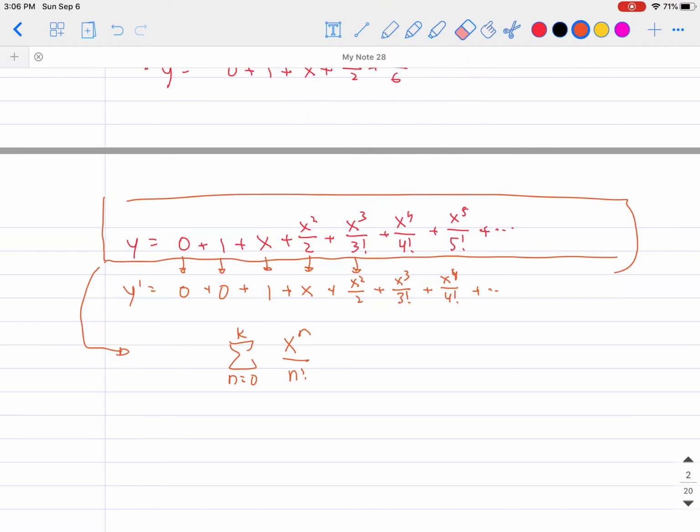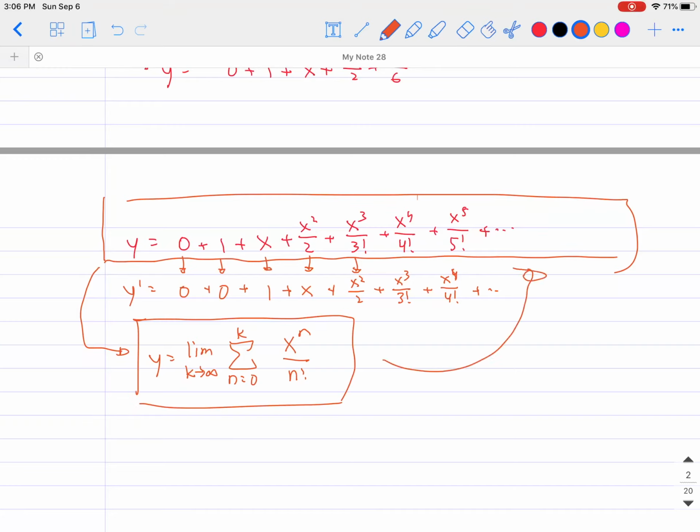And the entire time, and this is the part that's a little bit sneaky, right? Just relating to what we did in chapter 2, y is equal to the limit as k approaches infinity. So this guy right here is going to be the same thing as this guy over here, and that's going to be our polynomial.